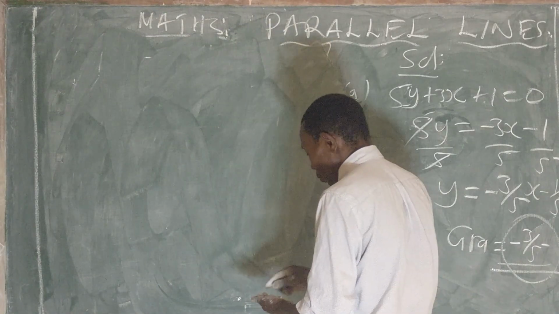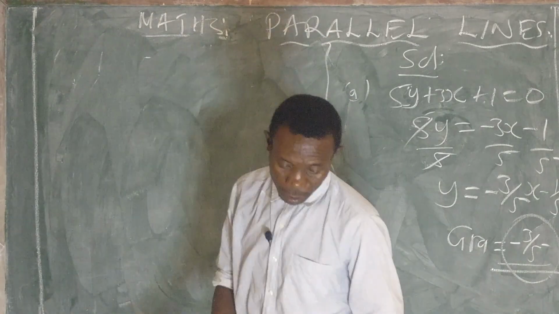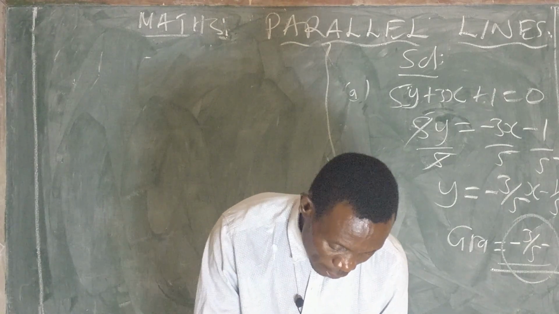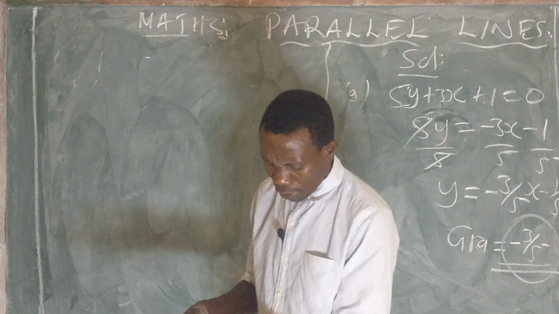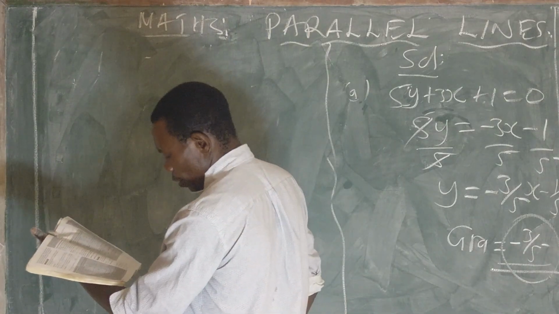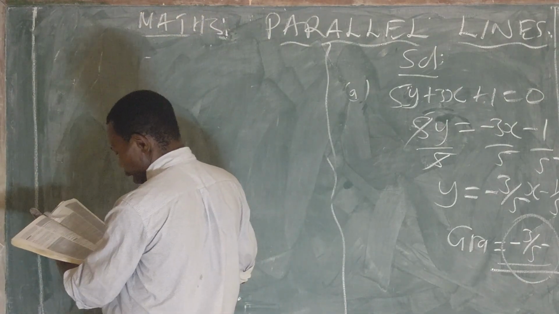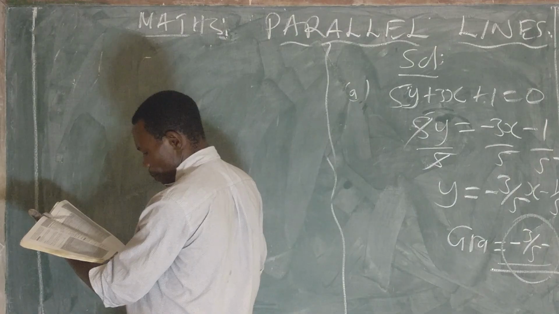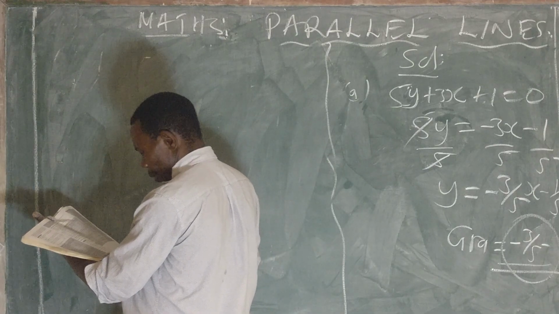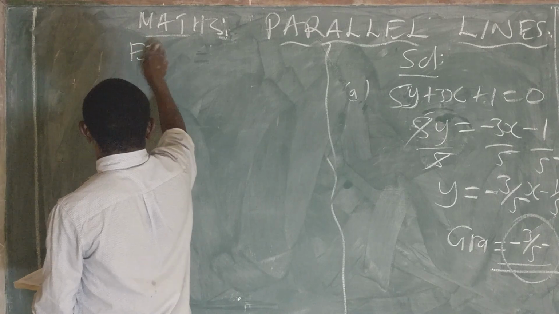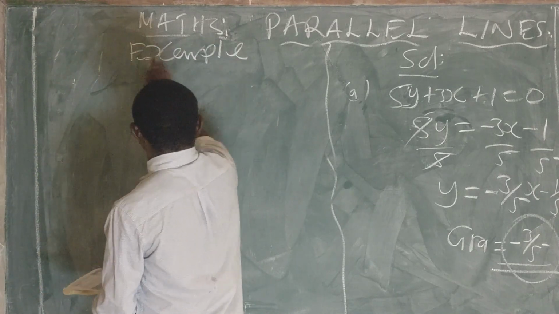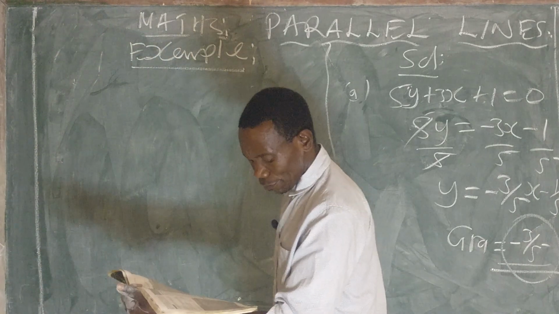Fine. In this example, we are given two lines with the following characteristics. Let me give you this other example. I think this one is the best one. Example 2, about the equation of parallel lines.